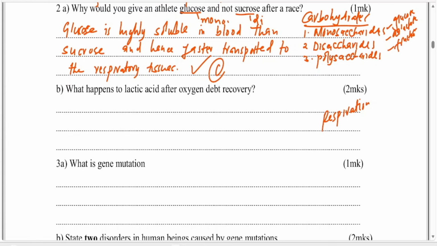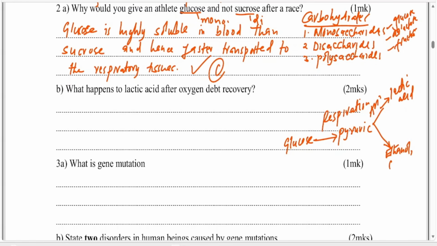And what happens? This lactic acid then accumulates in the body muscles. So we have said in animals, pyruvic acid is broken down to lactic acid, while in plants, this pyruvic acid is broken down to ethanol.